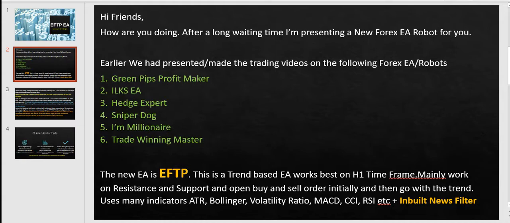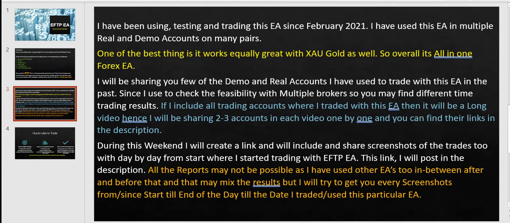If a trend is confirmed, then news doesn't make a long impact, right? If the trend is confirmed, the trend will continue. For those moments you may experience that kind of fluctuation, but at the end it will take the trend, whatever the trend is.